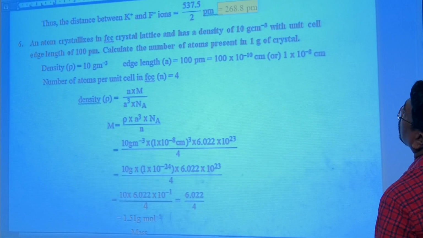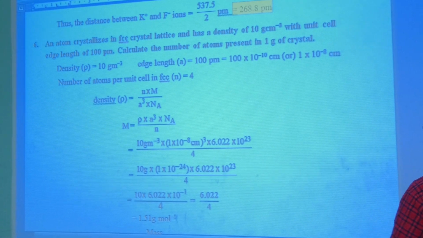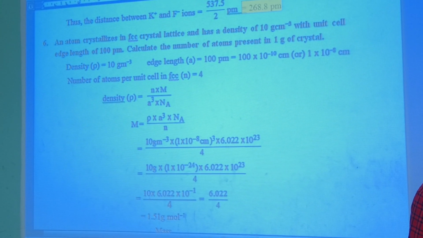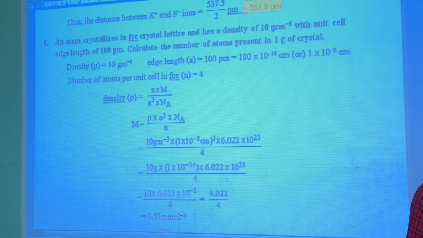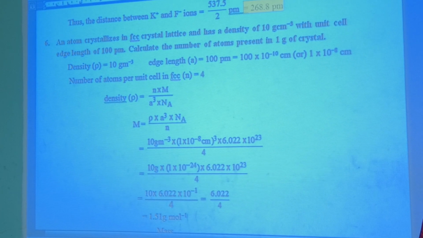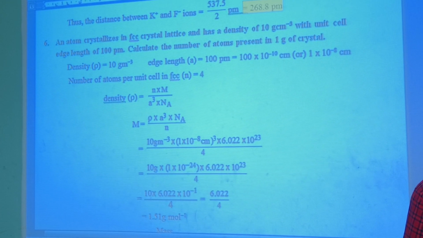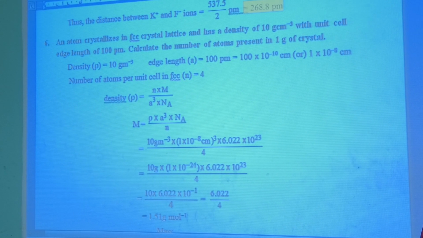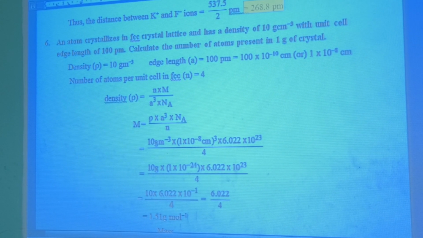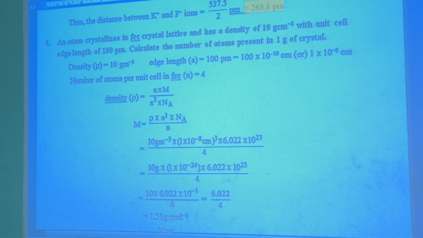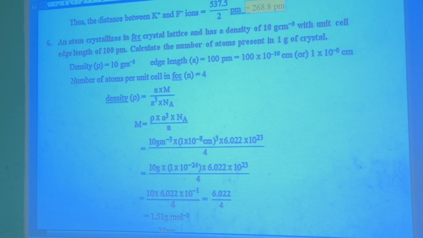It is FCC, therefore N is equal to 4. Density is equal to 10 gram per centimeter cube. Edge length A is equal to 100 picometer, which is equal to 1 into 10 power minus 8 centimeter. You know the conversion: 100 picometer is equal to 100 into 10 power minus 10 cm.